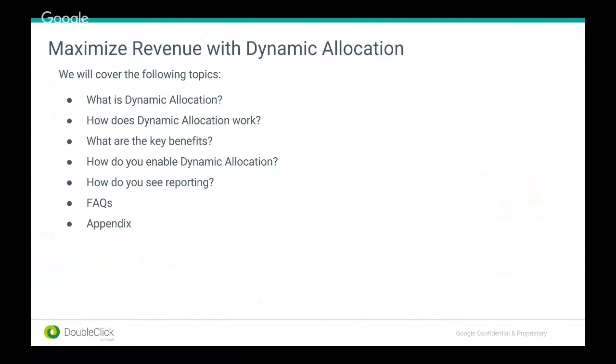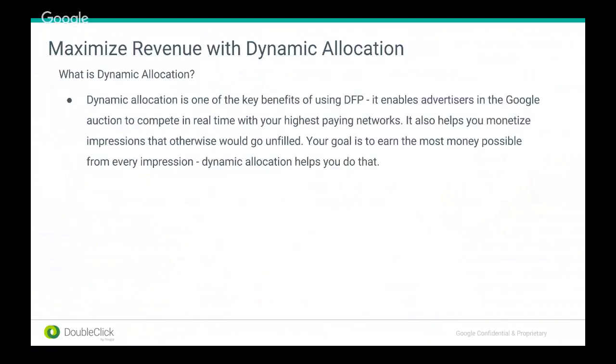So let's kick off in understanding what is dynamic allocation. Dynamic allocation is a process that allows unsold impressions in DFP to compete or to be purchased by AdSense buyers at the best price without compromising your reservations or guaranteed inventory. As a publisher, you may be managing inventory from multiple sources, whether that be directly sold ads, third-party ad networks, or AdSense.